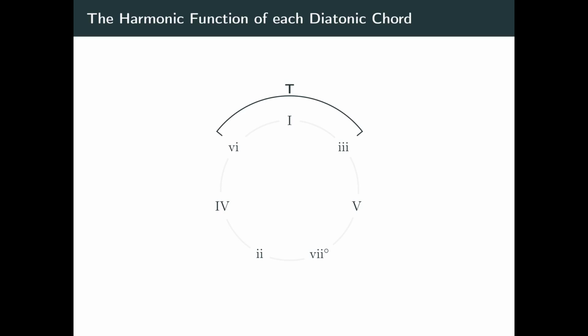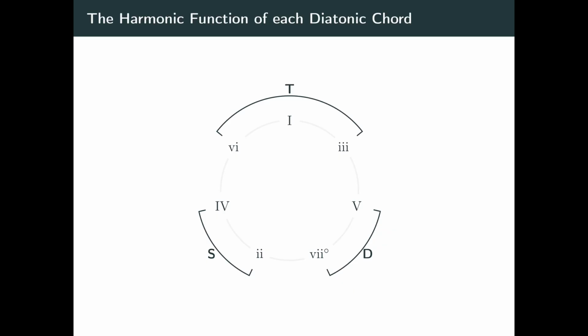The chords that are close to 5 on the circle are 3 and 7. As I just mentioned, 3 sometimes functions as dominant because it's close to 5, but 7 is the other chord close to 5, and its dominant function is unambiguous. The only chord we haven't talked about is 2, located symmetrically opposite 7 on the circle, and therefore securely within subdominant function.